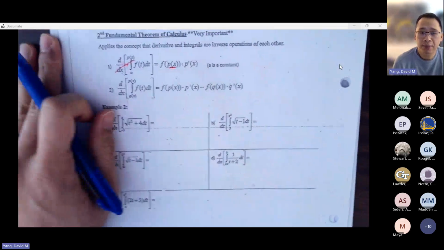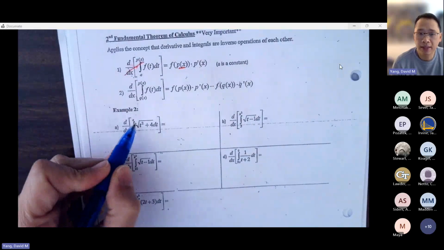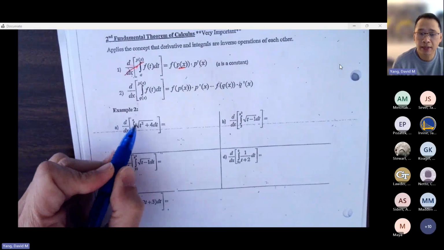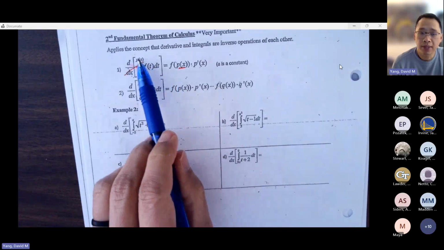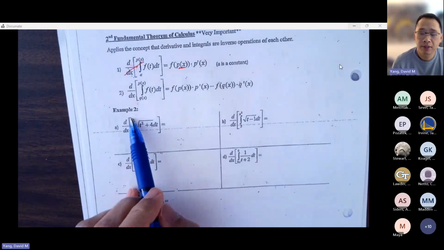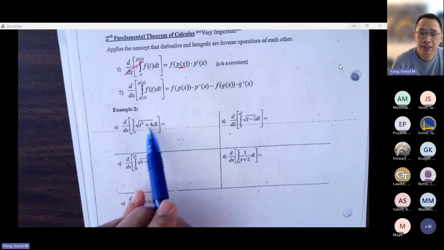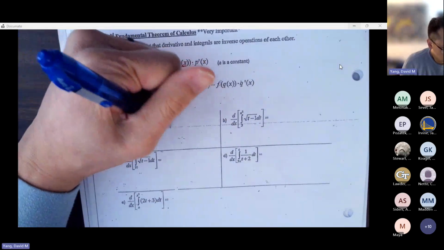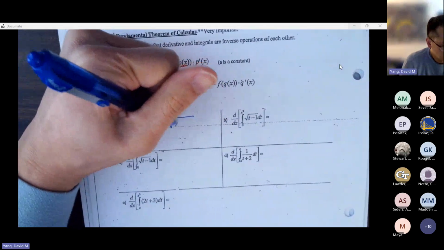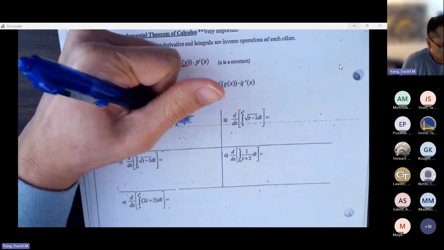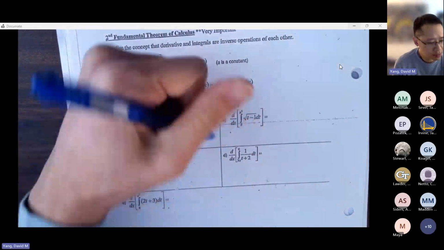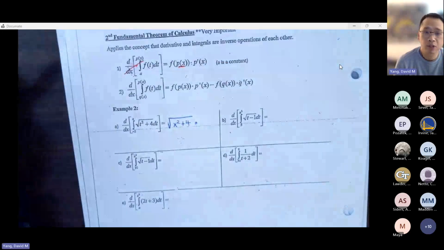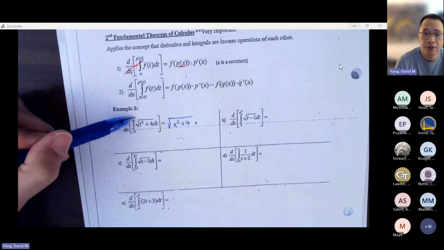So we can skip a lot of steps here, knowing that these two operations will cancel each other out. Again, we just plug that upper bound into the function, in for t. So it's simply the square root of x squared plus 4. That's what this is saying, f of p of x, times the upper bound's derivative. So x's derivative is 1.